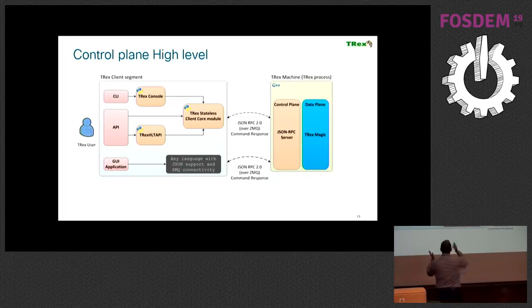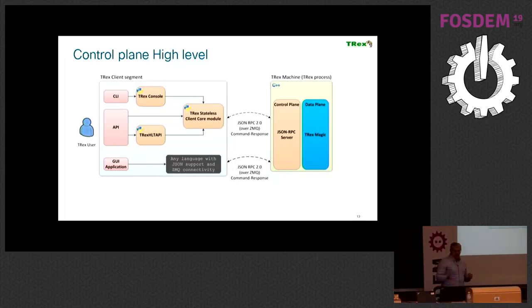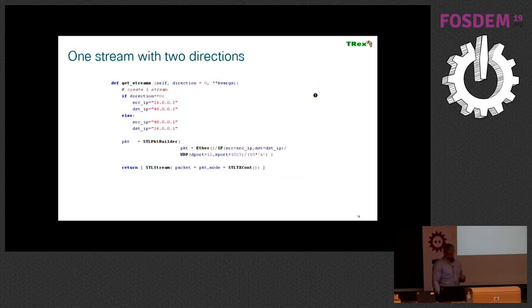And then comes the Python that encapsulates all the JSON RPC into a nice API. And there is a Java API for someone. Ericsson is supporting that. And there is a GUI, and there is a console. There is the API. Okay? We are just wrapping everything for the users.